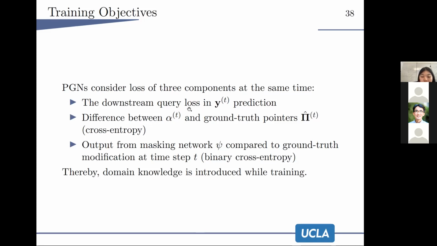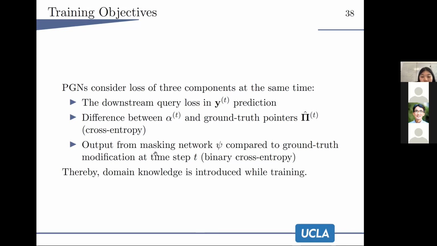What this means is that they want the attention computed from the hidden states to represent the likelihood of being connected in the next step.